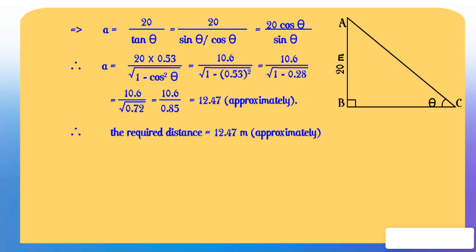Therefore, required distance is equal to 12.47 meters approximately is equal to 12.5 meters approximately.